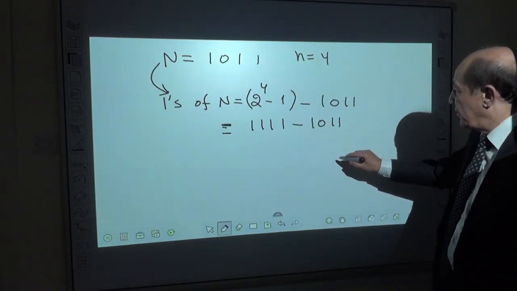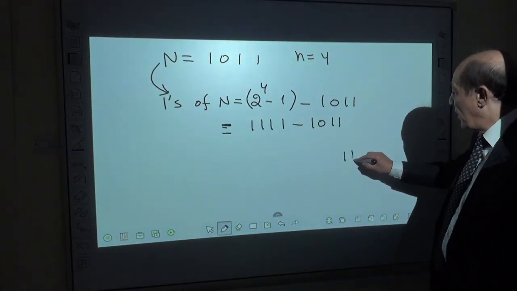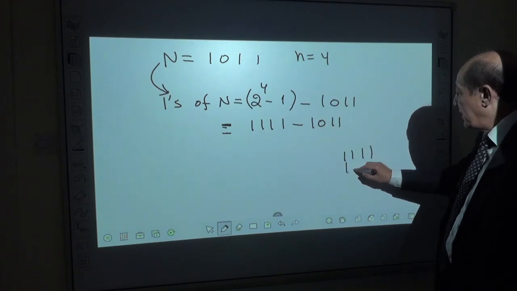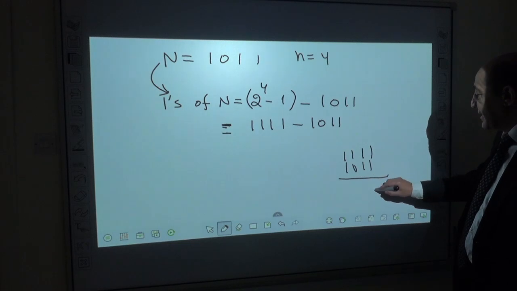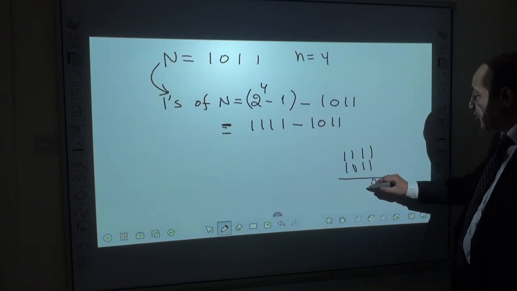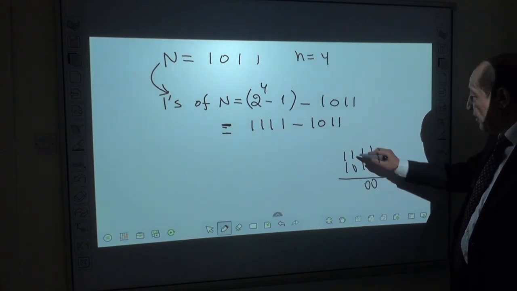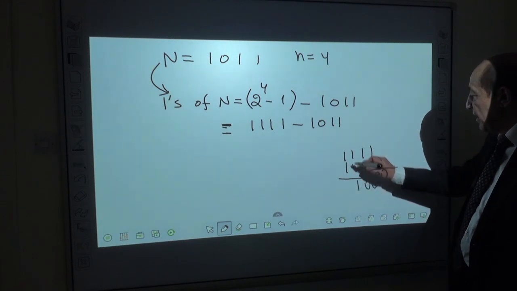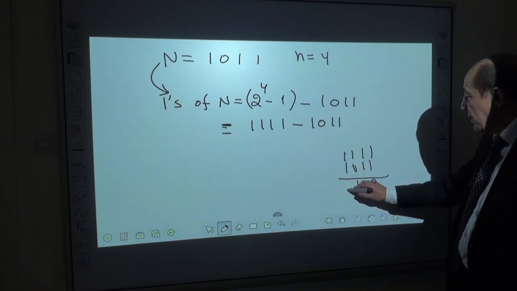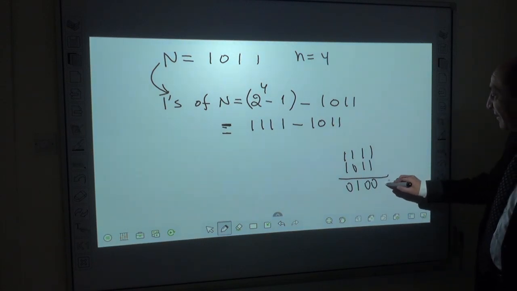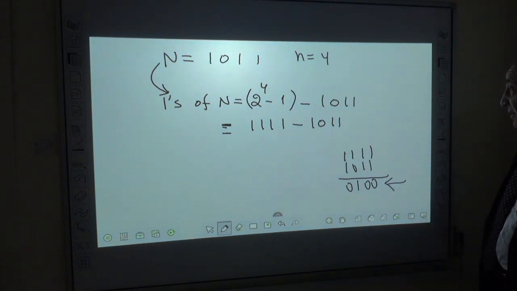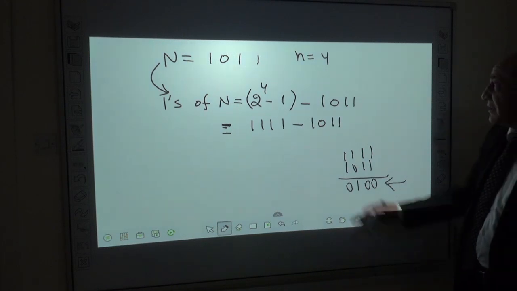If you subtract 1111 minus 1011, digit by digit, you get 0100. So this is the 1's complement of this number.